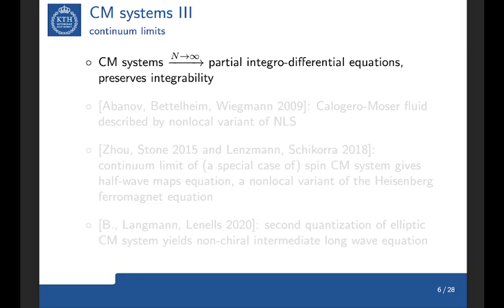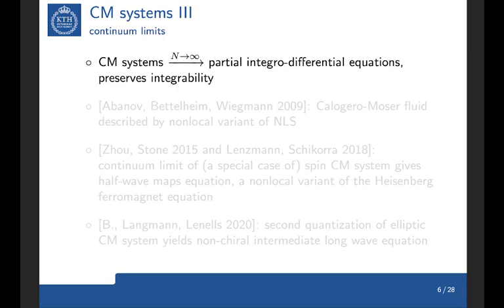This complementary approach of taking continuum limits has several interesting examples that I will mention. Here what we're doing is we're taking a limit as the number of particles goes to infinity. So n is a free parameter in these CM systems.